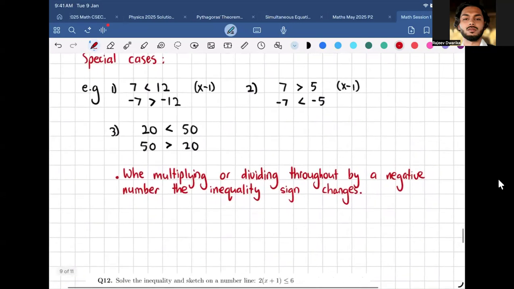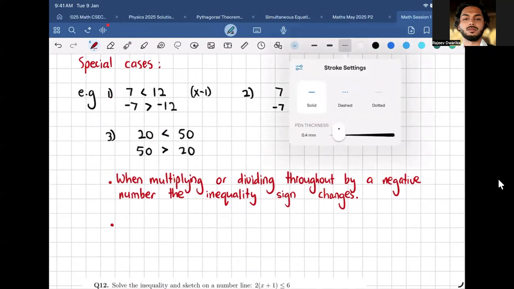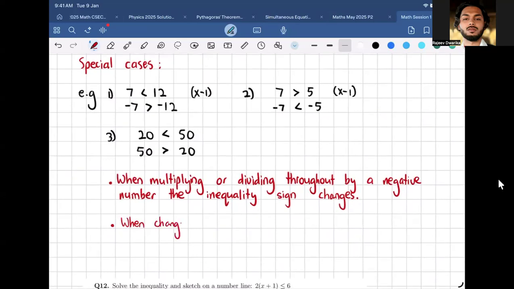Cool. Are there any other rules that we observed? Tell me, Shana. When you multiply or divide throughout by a negative number, the inequality sign changes. Is there anything else we noticed? Um, when they change the order of the equation, the sign also changes. Right. When changing the order of the... you just said something a little wrong. You said equation.